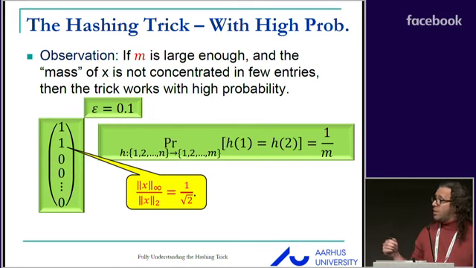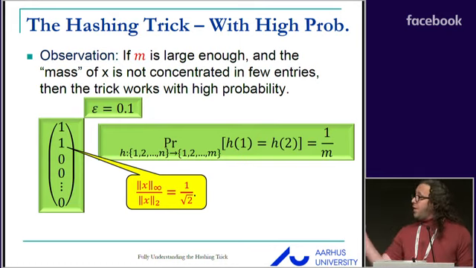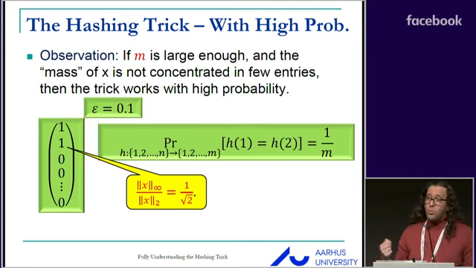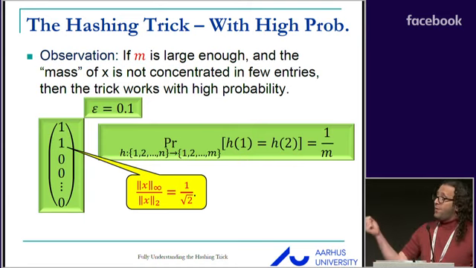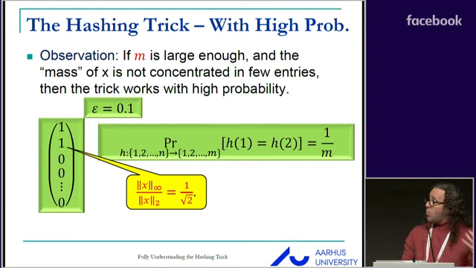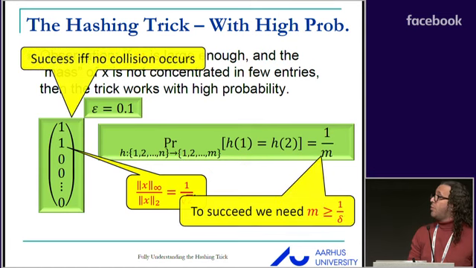If you look at this example, this vector has two coordinates which are heavy, and by heavy, I mean with respect to the total mass of X. The way to model this is the ratio between the L infinity norm and the L2 norm of X. In order to hash this vector and maintain its norm, we need these two entries not to collide. And this happens with probability 1 over m, which means that in order to get good performance, we need m to be very large.